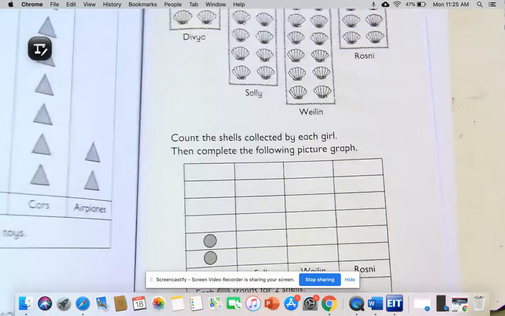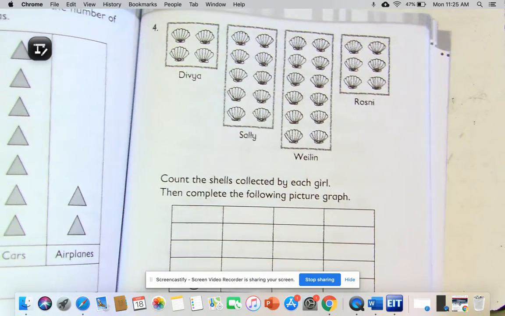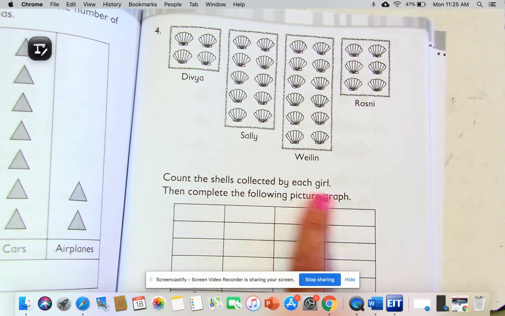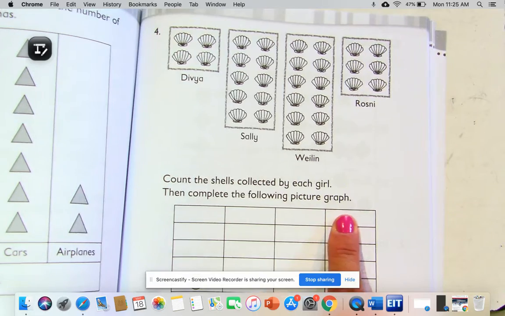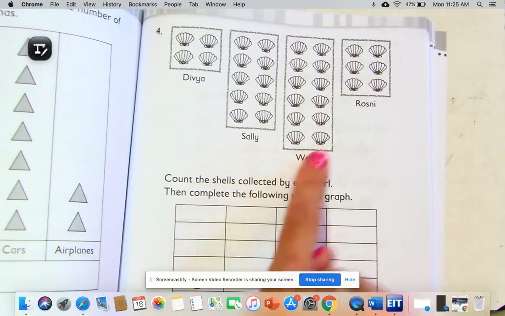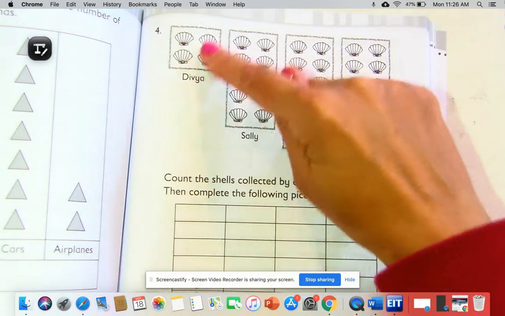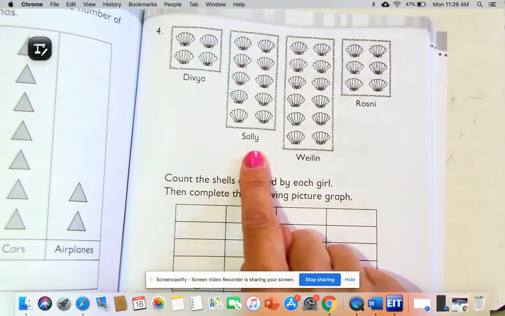And on the last page that we're going to work on, this one you get to make your own picture graph. So it says, count the shells collected by each girl, then complete the following picture graph. So if I were you, the first thing I would do is count up. So they're kind of giving us this information. So Divya, she collected 4 shells, and I would just write 4 with my pencil right under here.